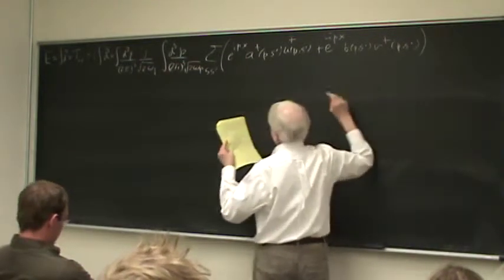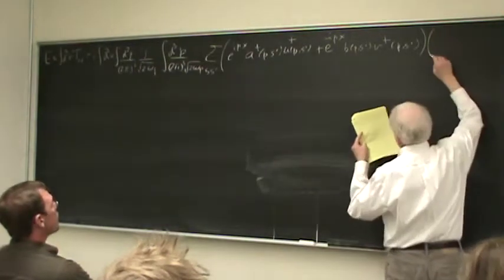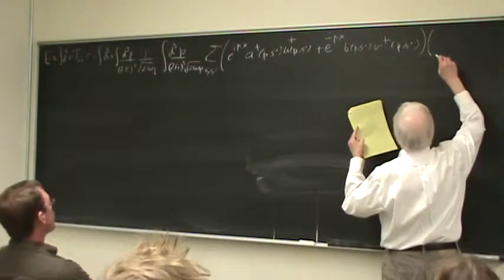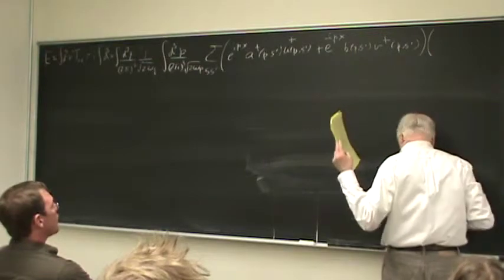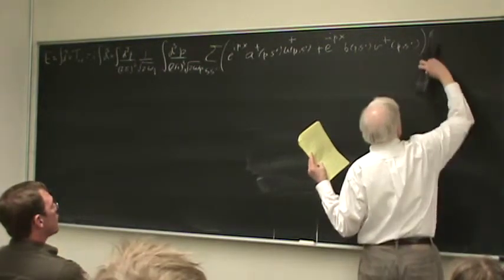and then this multiplies the time derivative. Maybe I should just go to the ring. Well, time derivative, I put in the parentheses too soon.